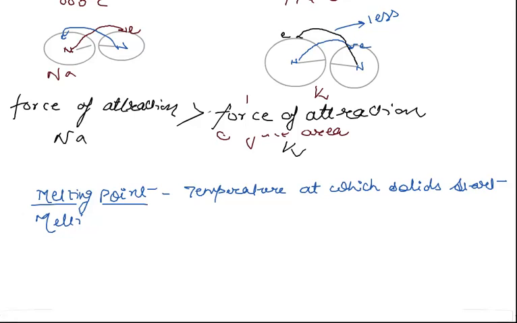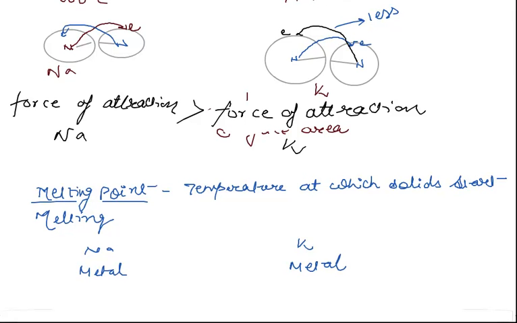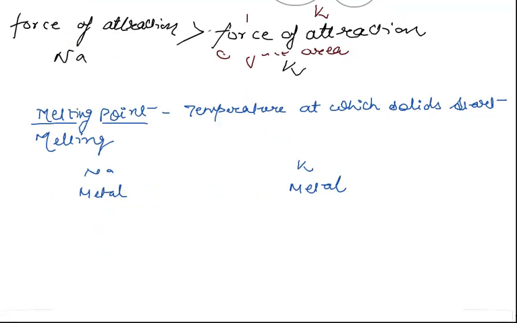Okay, so in this case, students, what are these? Sodium is a metal, and again potassium is a metal. But what is happening? Again, there is some force of attraction between the two. But potassium is again bigger in size.